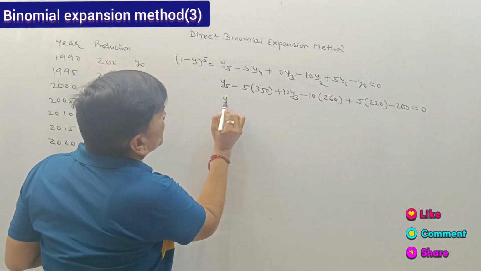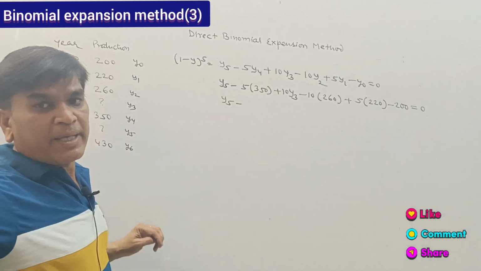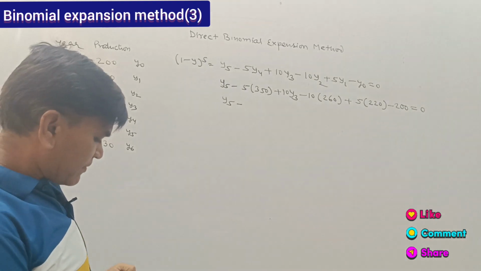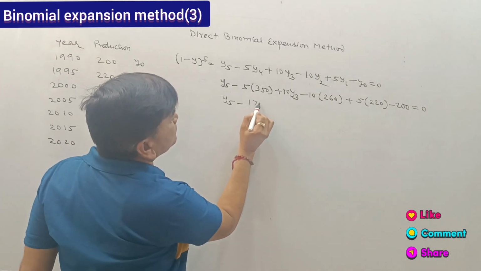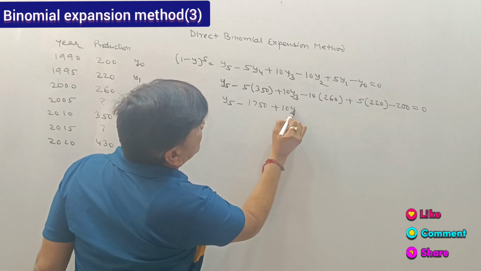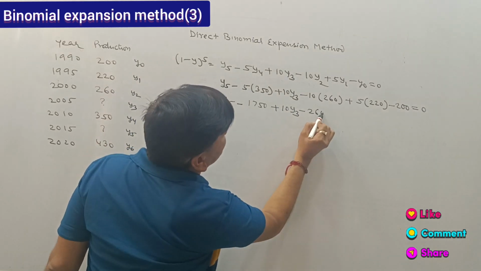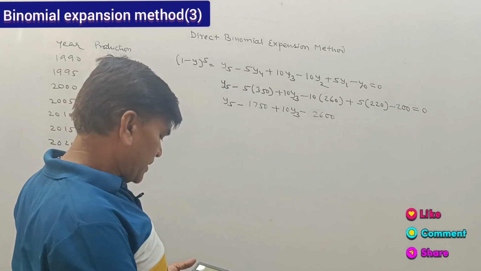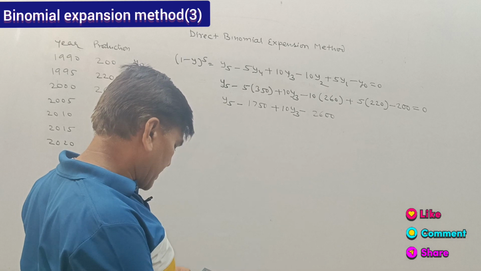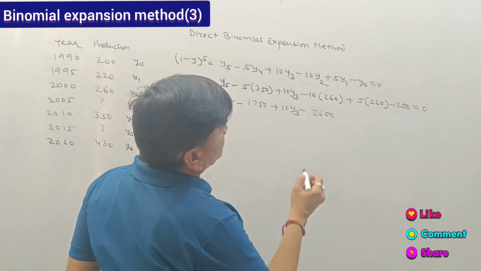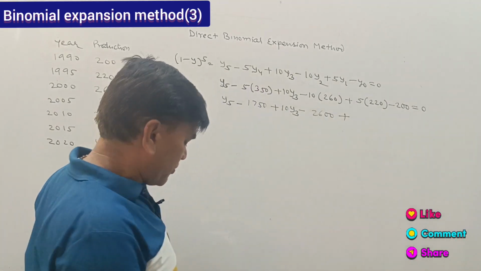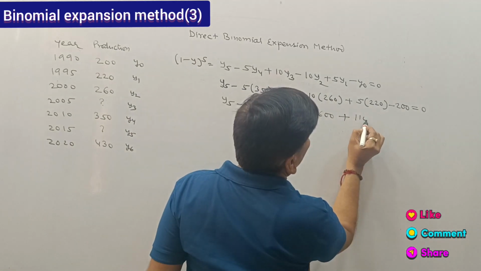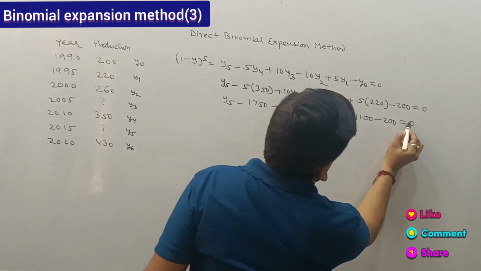We have y5 minus 5 multiplied by 350, that is minus 1750, then 10y3 minus 2600, 260 multiplied by 10, that is also a minus value, plus 5 multiplied by 220, that is plus 1100, minus 200.